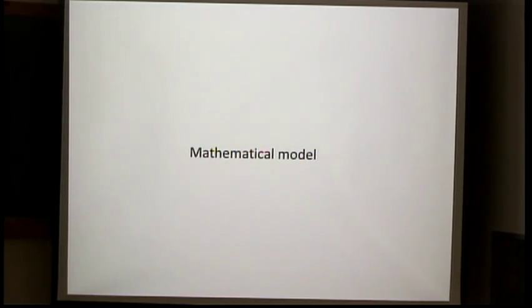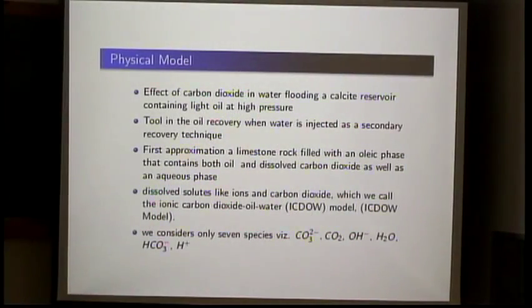So now we're going slightly to more familiar ground, that's as far as I'm concerned, but not quite. So this is the number of hypotheses that we make on the physical model. So we have high pressure, limestone rock.